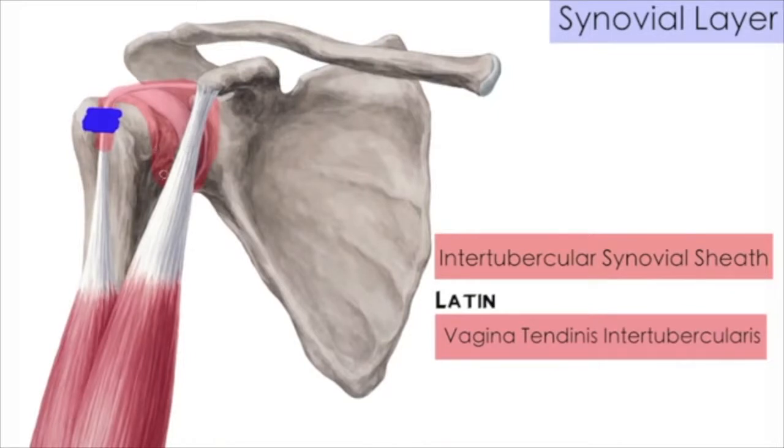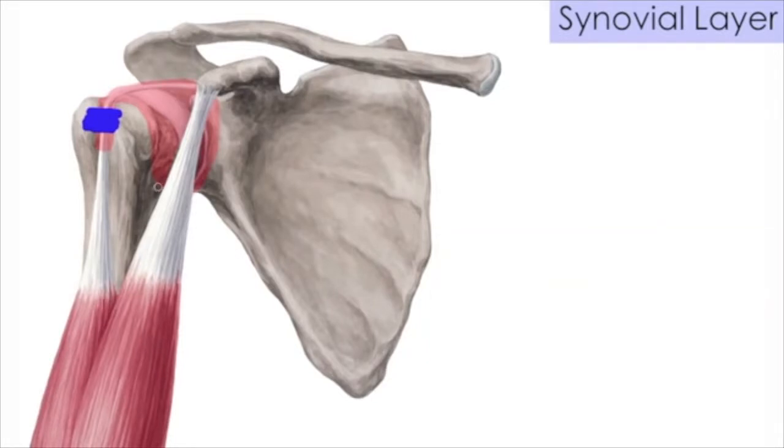Another important thing to know about the synovial layer is that it usually protrudes through the fibrous layer to form the bursae, which are important structures that we will talk about later that reduce friction in a joint.